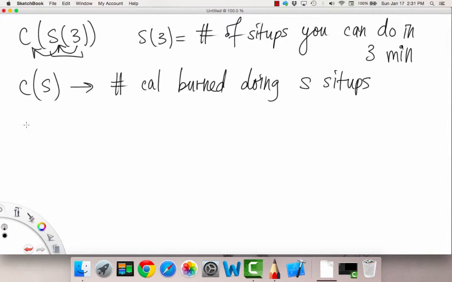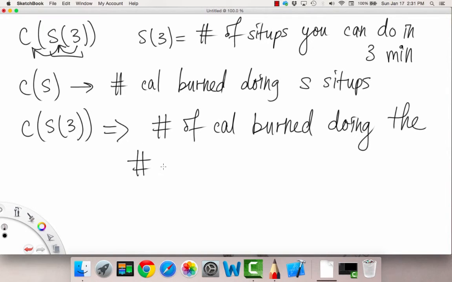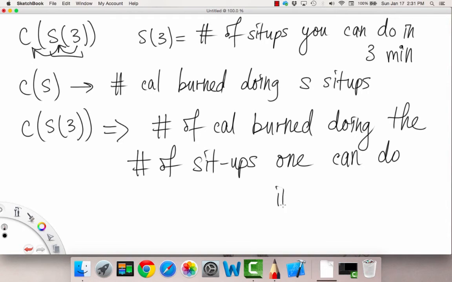Okay, so if we break this down even more, we could say that C of S of 3 ultimately signifies the number of calories burned doing the number of sit-ups one can do, or you can do, in 3 minutes.